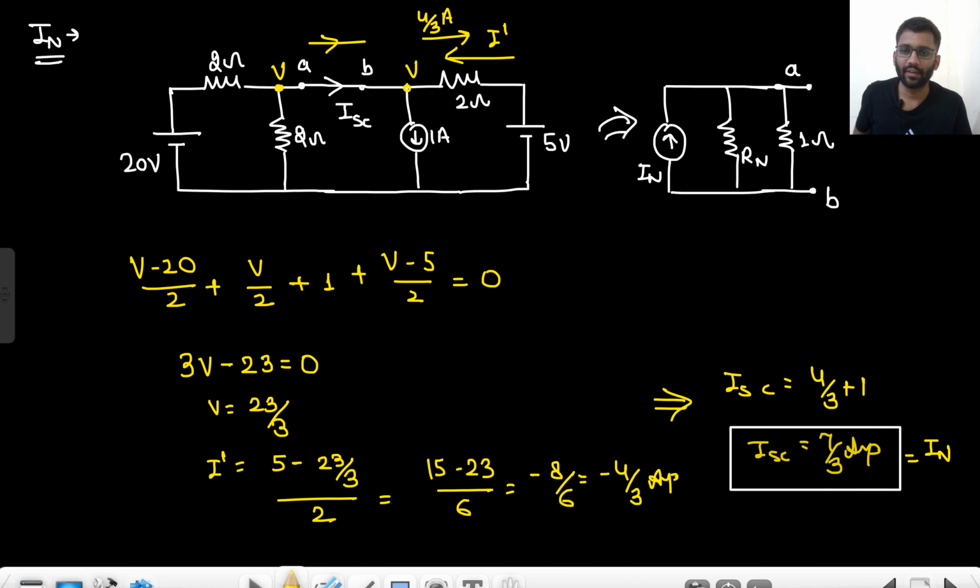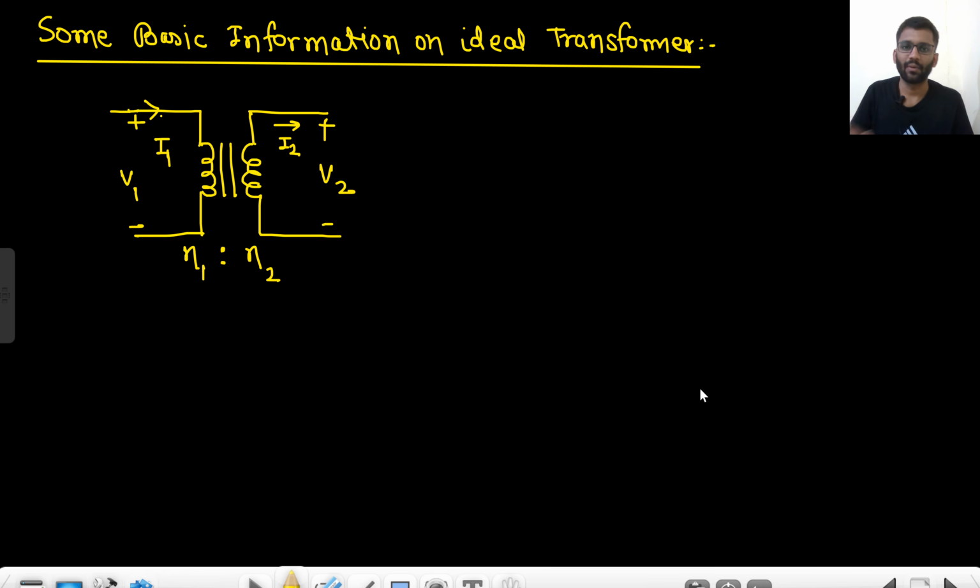I will see if I have any other question left. Okay, some basic information I will give out on the ideal transformer because it will be used in assignment problems. So, just like resistor, capacitor and inductor, transformer is also a linear element.